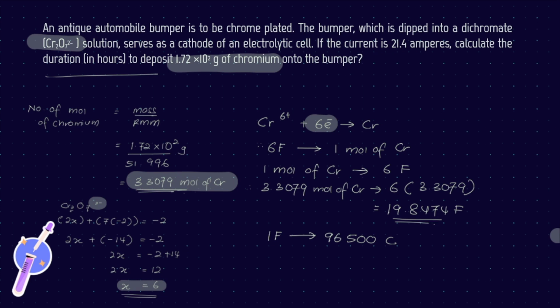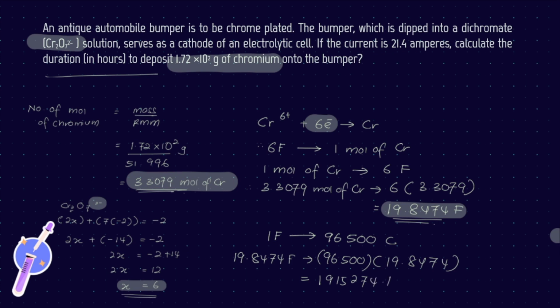So 19.8474 Faraday is equivalent to 96,500 times 19.8474. You will get 1915274.10 Coulomb. We needed this in Coulomb so that we can change it to the time.